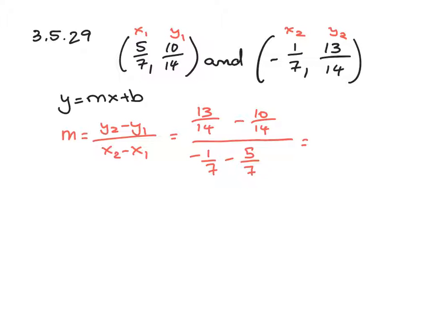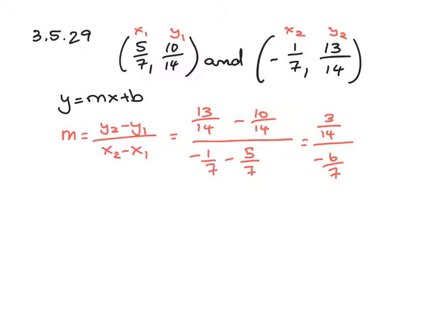Since both fractions in the numerator have the same denominator, I can just subtract the numerators. 13 minus 10 is 3, and the denominator stays the same. So 3 over 14. The negative 1/7 minus 5/7 is negative 6 over 7.